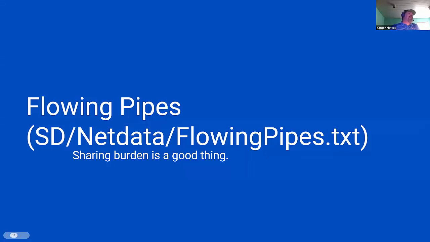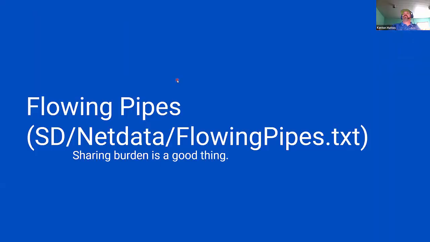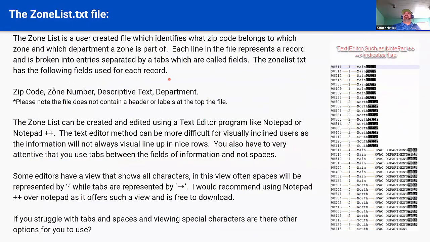All right, so I see some questions here. Can you create nicknames for zones? That would be the descriptive text here. You could put nicknames there, or whatever helps you to identify where that zone is or how you want to identify that.